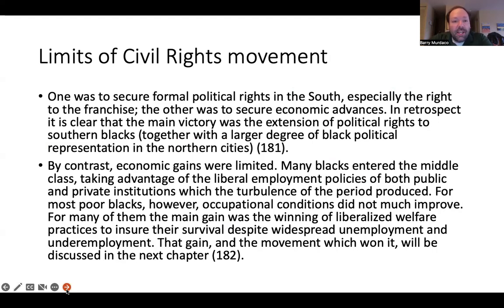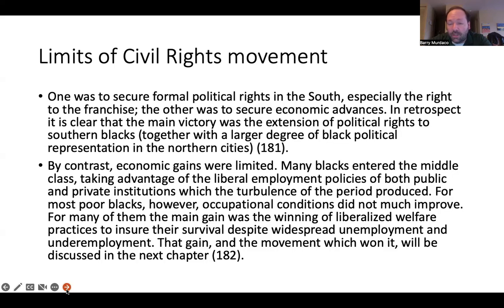All right. So they say, what was basically the goal of the civil rights movement? They say, one goal was to secure formal political rights in the South, especially the right to the franchise, the right to vote, obviously. The other was to secure economic advances to improve the living standards of African American people in the South and elsewhere. Well, if that is the case, then you have very mixed results.